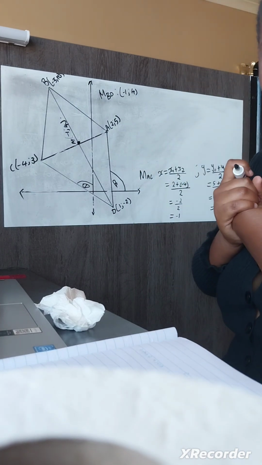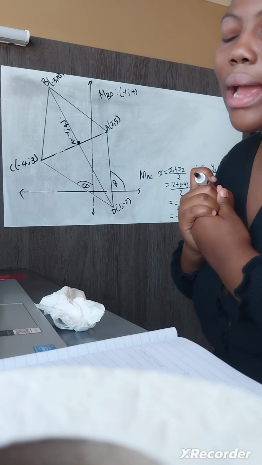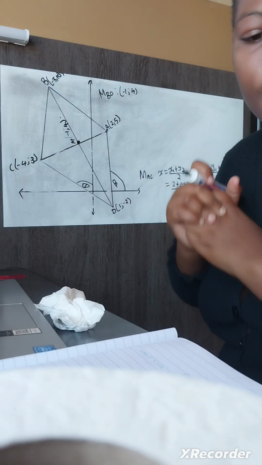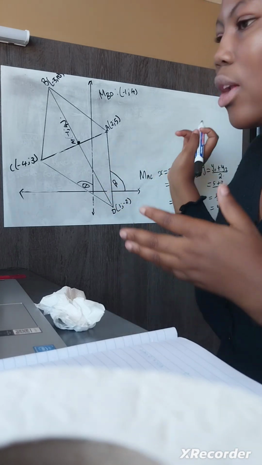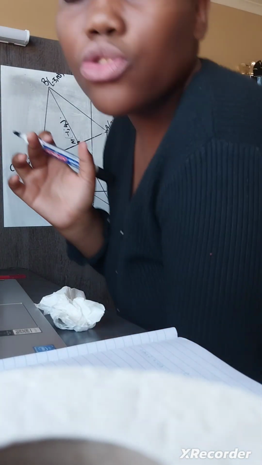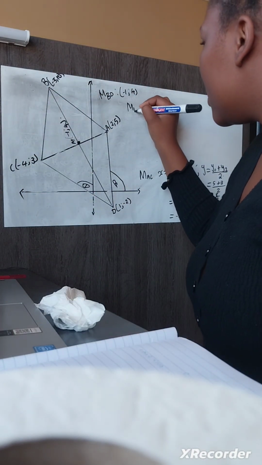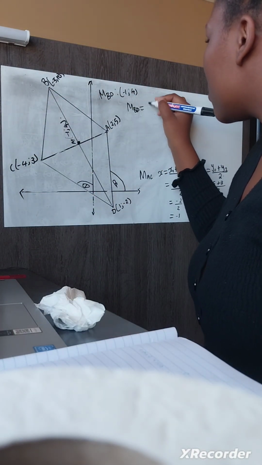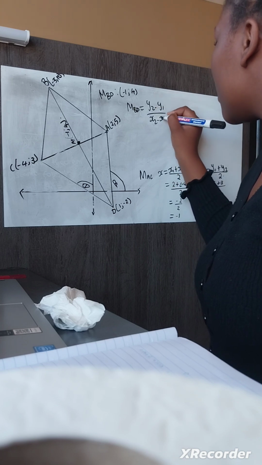Then from there, since I have their midpoint, I must calculate the gradient of BD and the gradient of AC. We already calculated the gradient of AC in the first question. Now I must calculate the gradient of BD. So m of BD is equal to y2 minus y1 all over x2 minus x1.